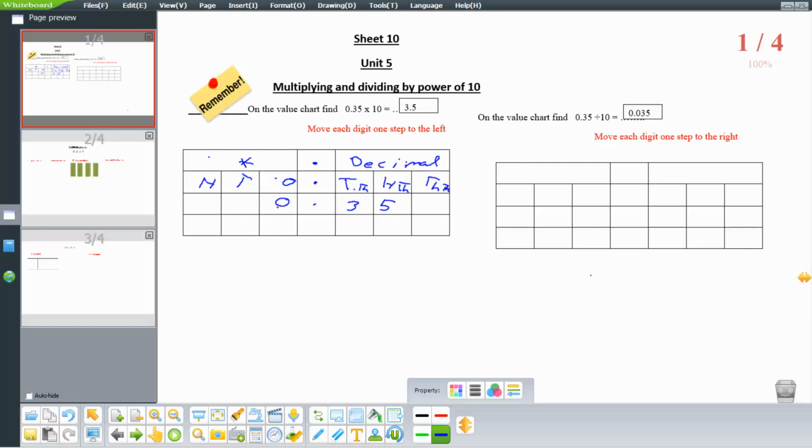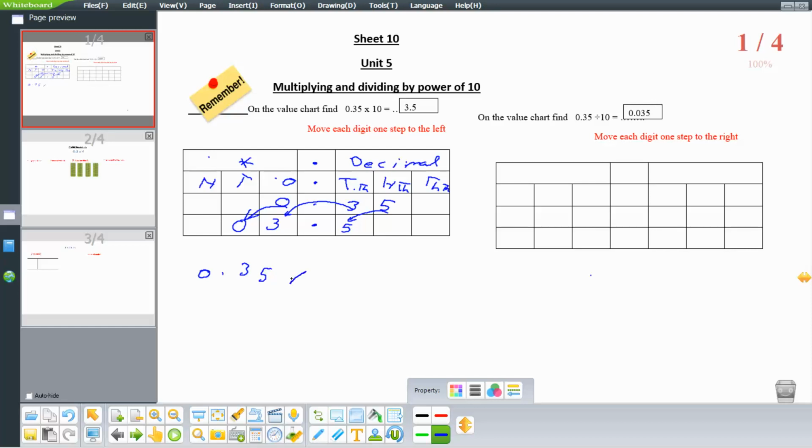So let's move it. We move this number, then the other number, and put the decimal point. So it will be 3.5.